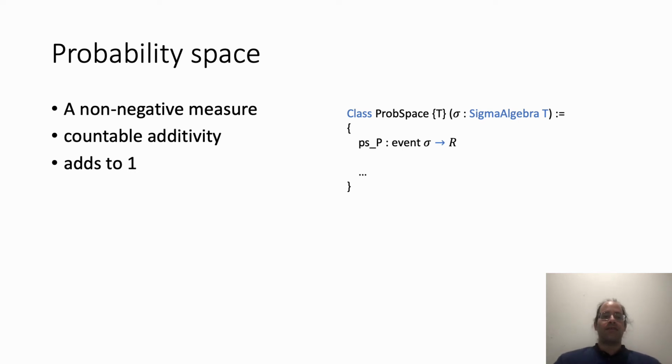As before, we can define this as a type class over, in this case, a type T and a sigma algebra over that T. It comes with a probability function we call ps_P, which maps from events to R. Notice that because ps_P maps from events to R, we only have to define it for things which are measurable. And of course, as before, we then add additional fields that encode the properties of countable additivity, that they add to 1, and that it's non-negative. But those are elided in this talk.